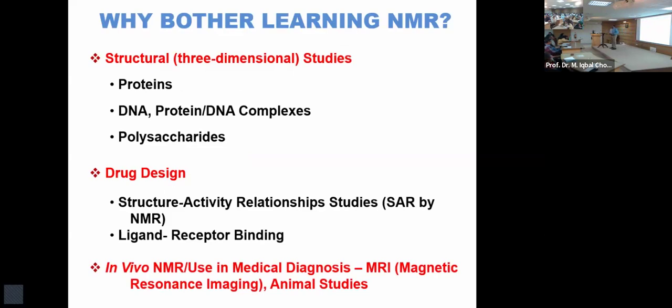When you place a patient in an MRI machine, how long does it take? About an hour, sometimes half an hour, right? Because the process of relaxation takes time, and they keep exciting the protons present in water, and then they acquire the spectrum. So it's a slow technique.